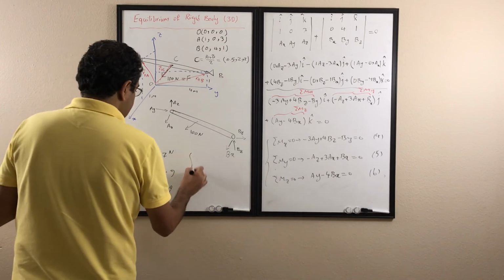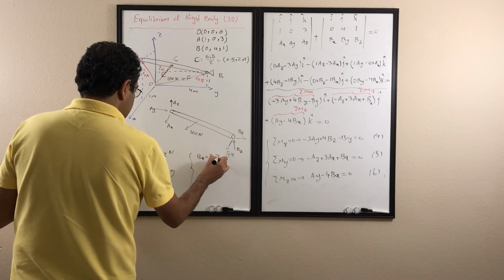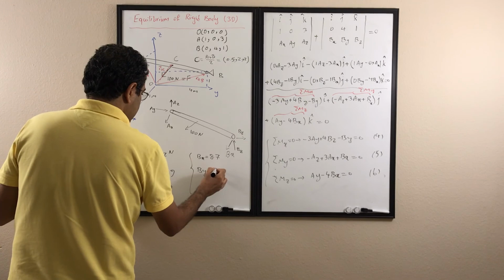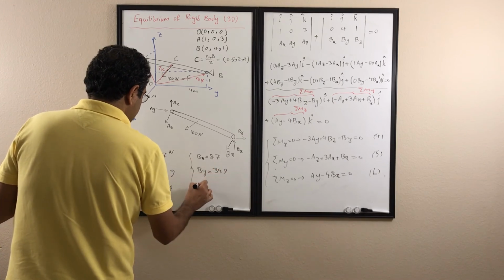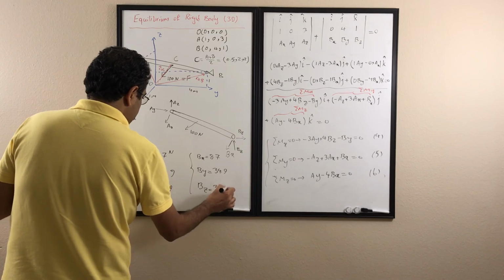The same for B: Bx is 8.7, By is 34.9, and Bz is 34.9 Newton.